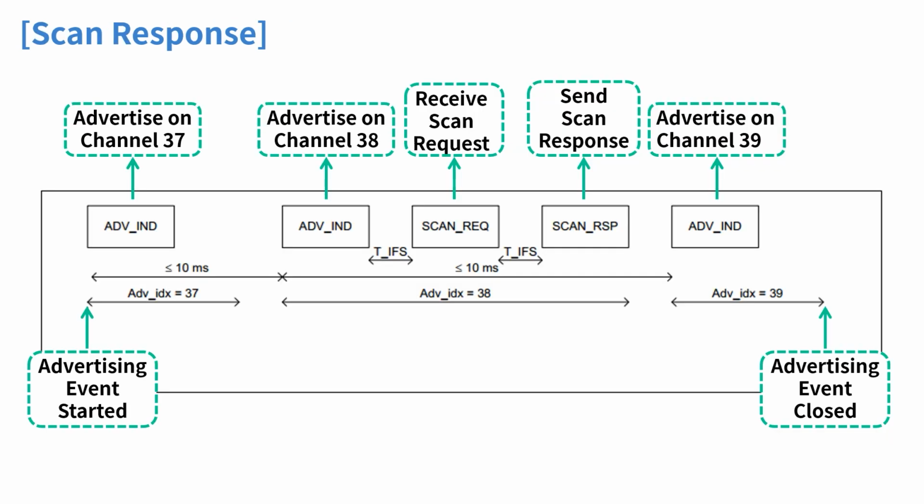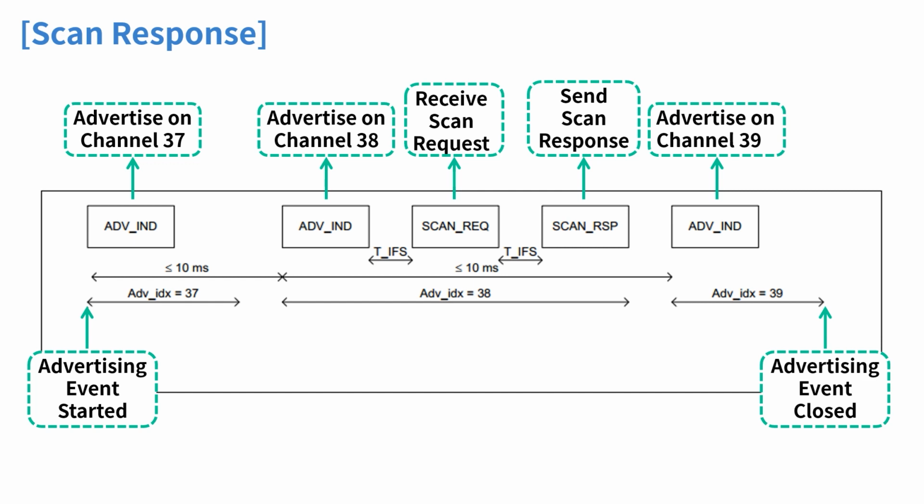After the central scans the advertisement data of the peripheral, it can obtain the scan response data by sending a scan request. Take a look at this picture. This is where the peripheral first advertises on channel 37, then continues advertising on channel 38. After the peripheral finishes sending the advertising data, it will switch to the data receiving state.